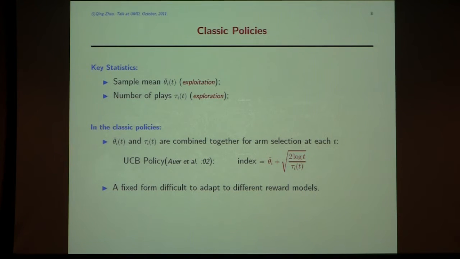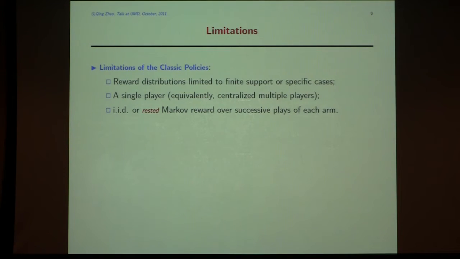One feature of these classic policies is they all have a fixed form of combining these two statistics in arm selection, which is difficult to adapt when we change the model of the problem. As we have explained, the model considered in the classic results has the following requirements.